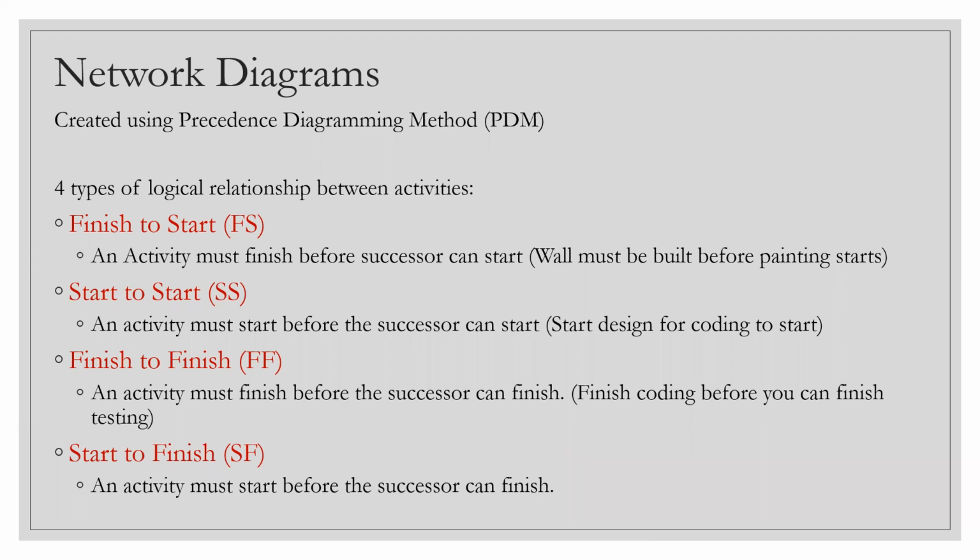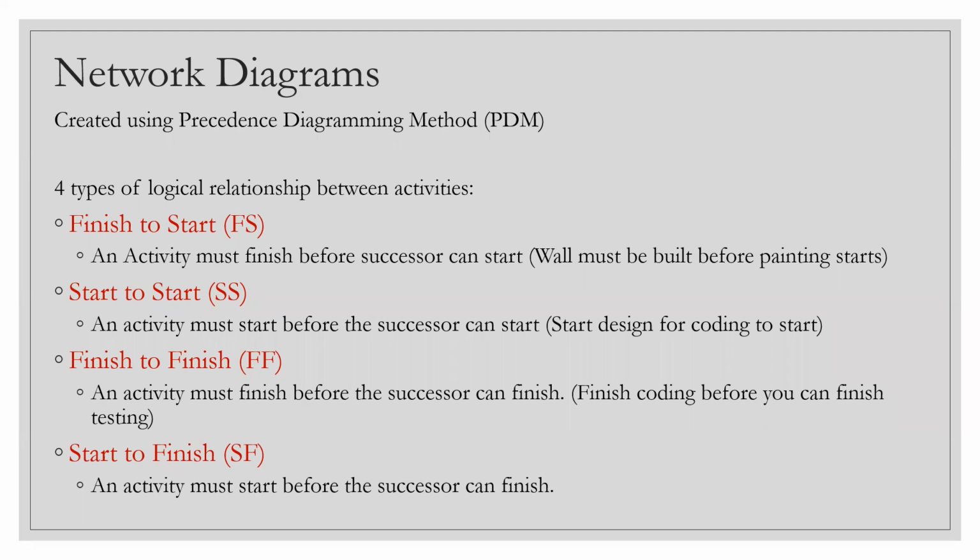Now, when we talk about two activities, there can be four kinds of relation between them. So think there are two activities A and B sitting side by side. The first one, the most common relation between A and B, is finish to start, FS.